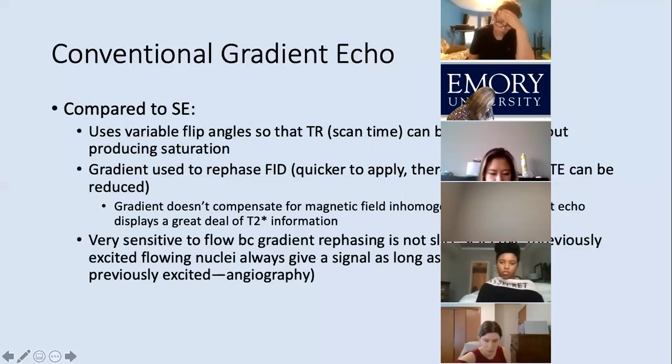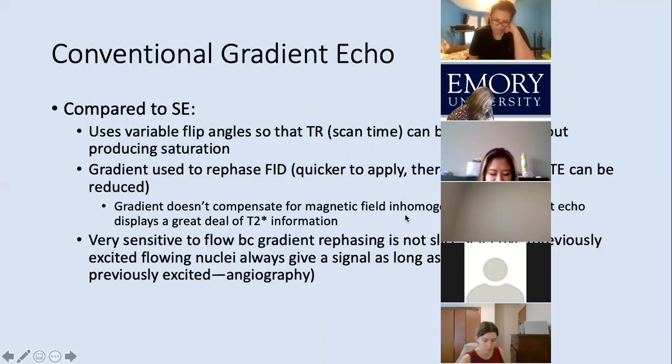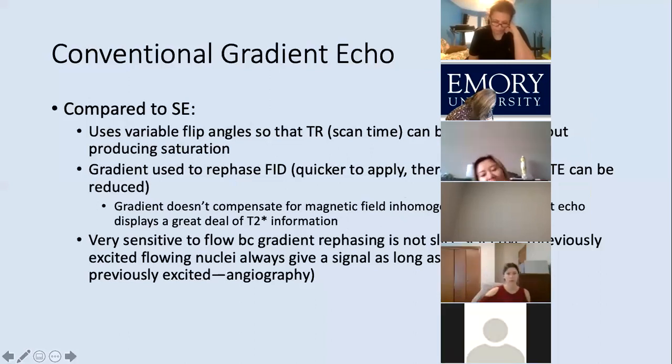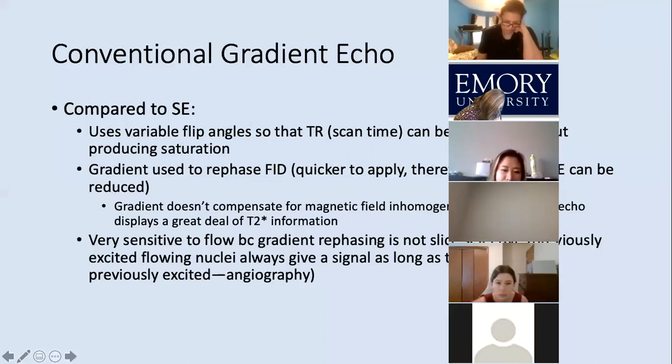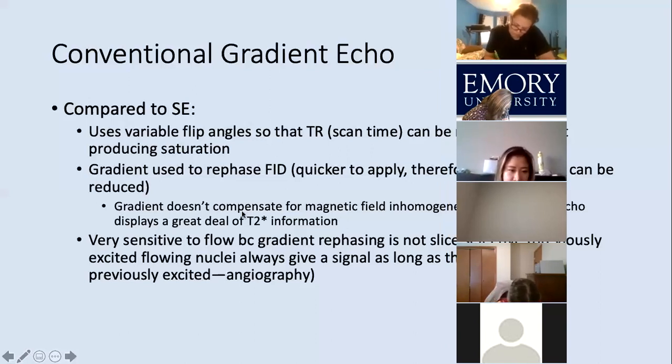The downside to gradients being tasked with this responsibility is these gradients do not compensate for what we call magnetic field inhomogeneities. So that just means variations in the magnetic field strength. So gradients do not compensate for those as well as that 180 degree refocusing pulse.